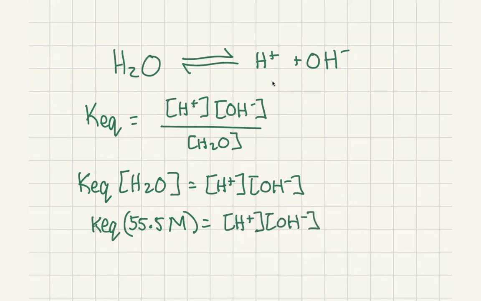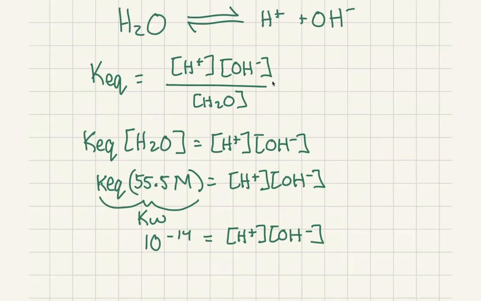If you were to measure this out, this value, which we'll define as KW, is equal to 10 to the minus 14, which is equal to our concentration of protons times our concentration of hydroxide ions. We can take the negative log of these.